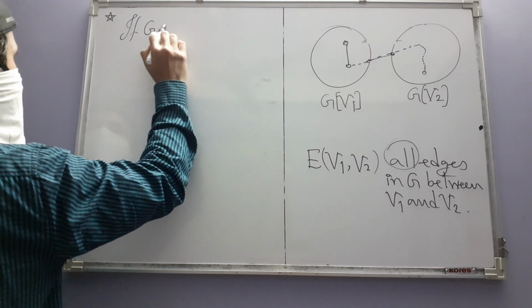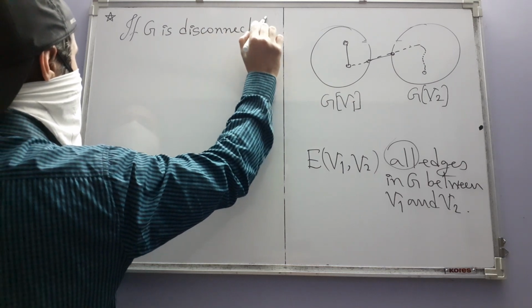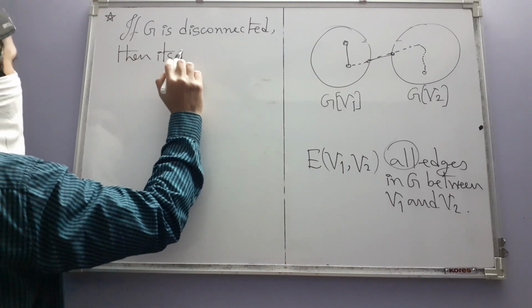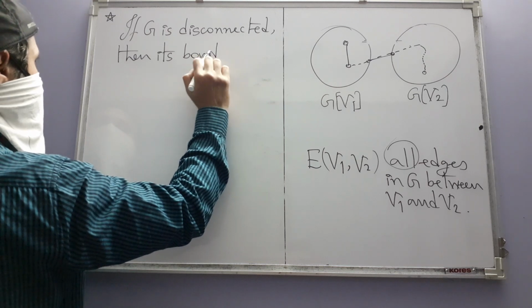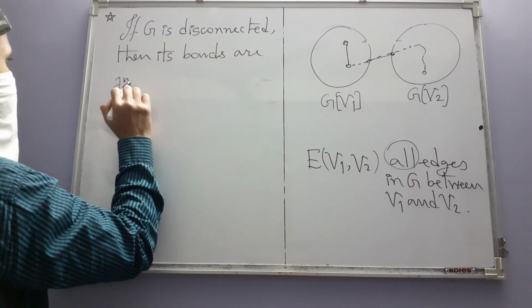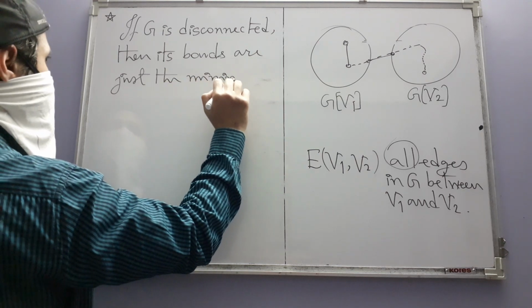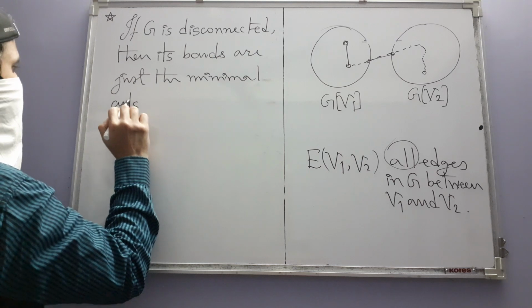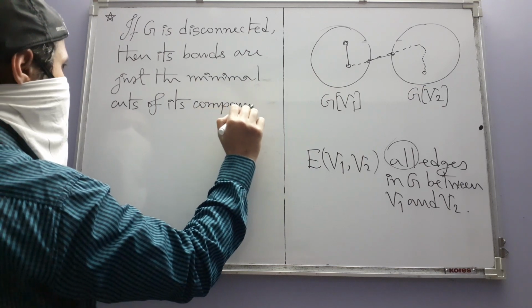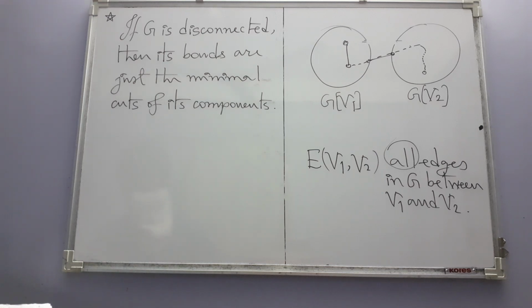If G is disconnected then its bonds are just the minimal cuts of its components. That is obvious.